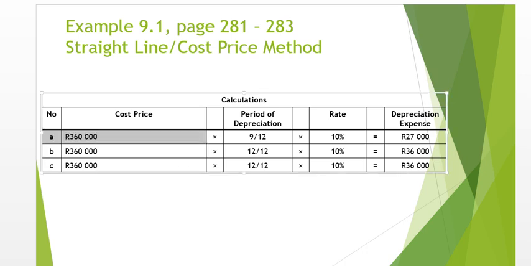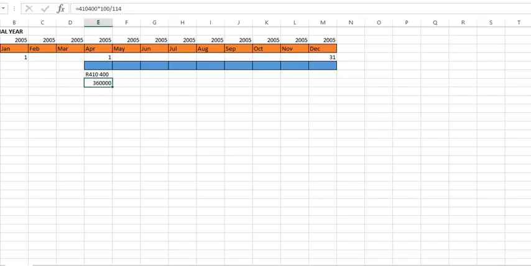So we know that our cost price we just calculated to be 360,000 Rand excluding VAT. So for the 2005 financial year, what period did we hold this vehicle? We held it from the 1st of April 2005 up until the 31st of December 2005.